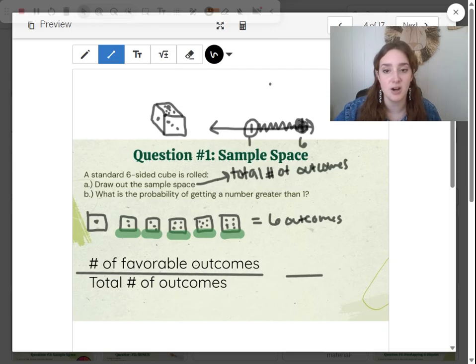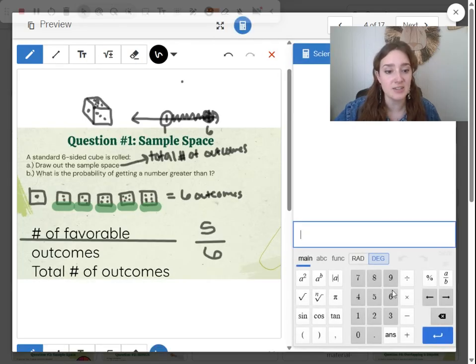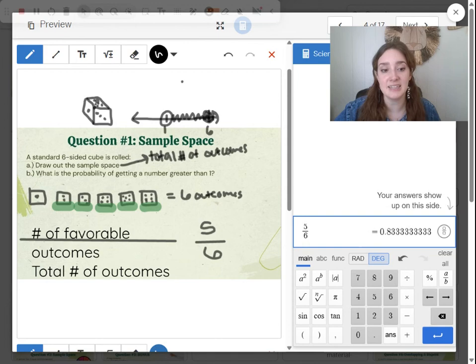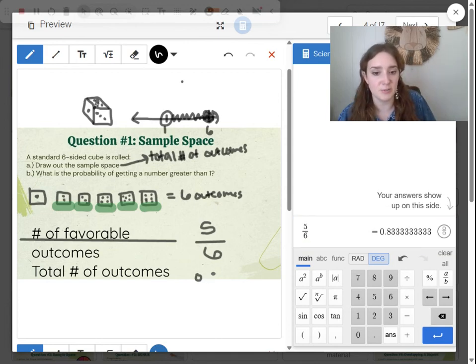So let's see, we've got 1, 2, 3, 4, 5 outcomes that are greater than 1, divided by our total, which is 6. Again, for our class, we're writing our probability as a percentage. So that is the same as 0.833. We move the decimal place over 2 place values. So rounding to the tenths place, this is just 83.3%.